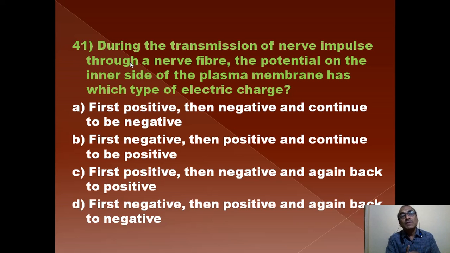In the beginning, the inner side of the plasma membrane, that is inside the cytoplasm of the axon, will be negative because of resting, and then when depolarization takes place in that area, the membrane is depolarized. That means the positive charges enter inside.